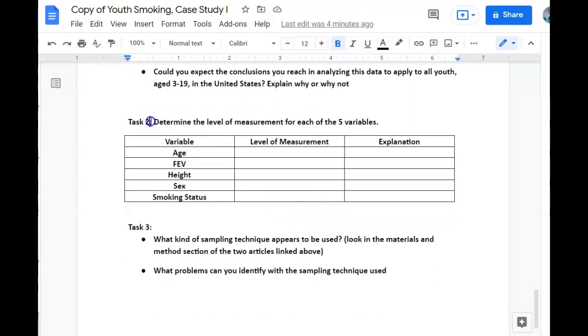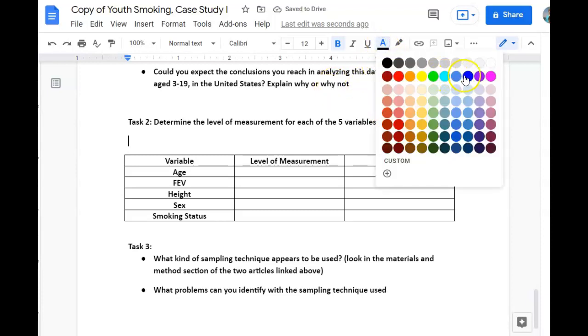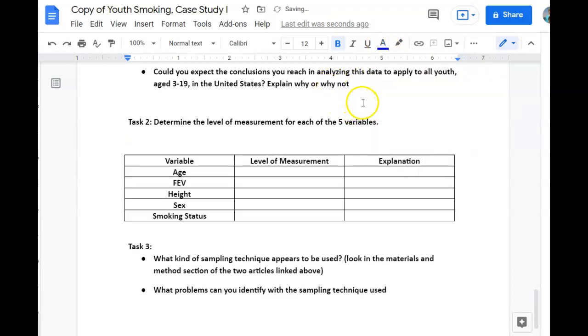All right, task 2, determine the level of measurement for each of the 5 variables. So this is what I mean: here are the 4 levels of measurement. Could be nominal, could be ordinal, it could be ratio, or it could be interval.